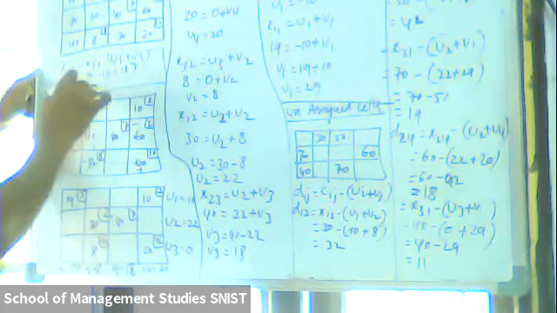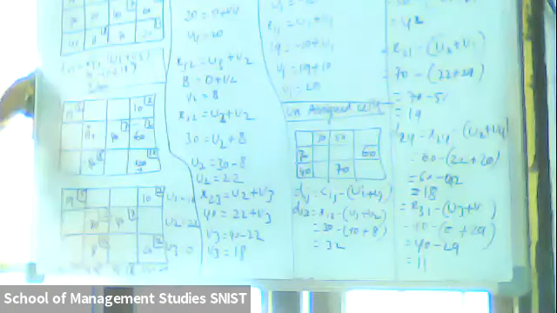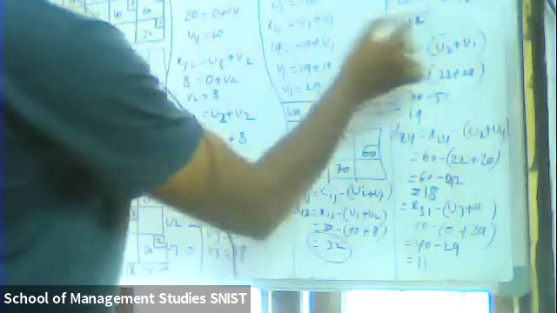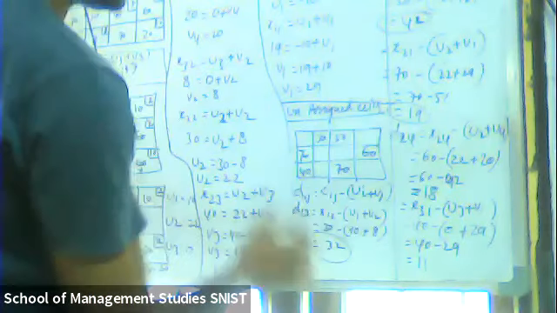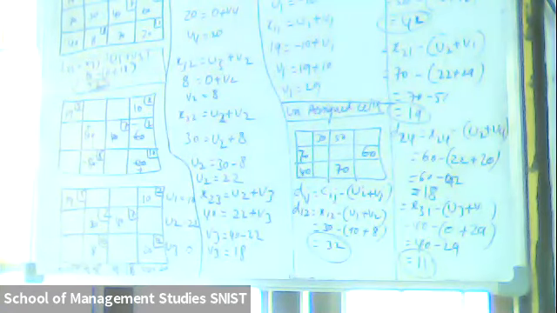So 70 minus 18, how much? 52, sir. 52. Finally, now all check here. This is positive, this is positive, this is positive, this is positive, and this is positive. Now our problem is optimal.